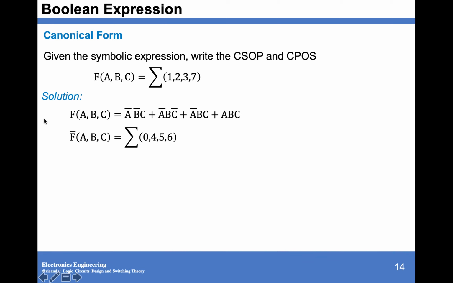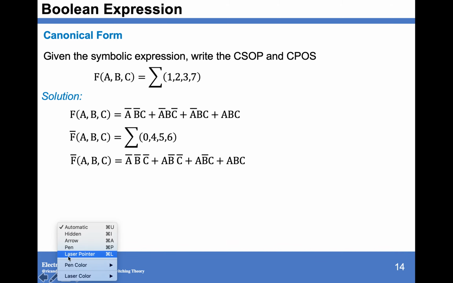So if we have to write the expression of your complemented function of EBC, then therefore we have E bar B bar C bar for 0, or E B bar C bar for 4, or E B bar C for 5, and E B C bar. So there is a C bar because it is 6.